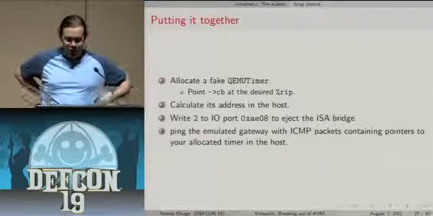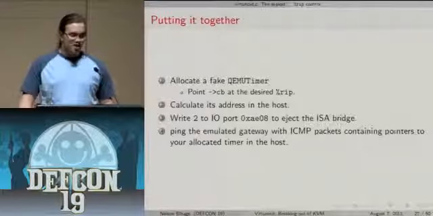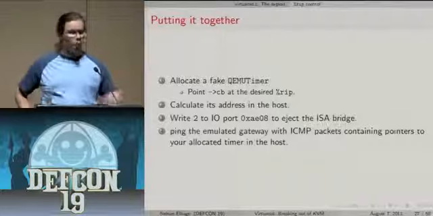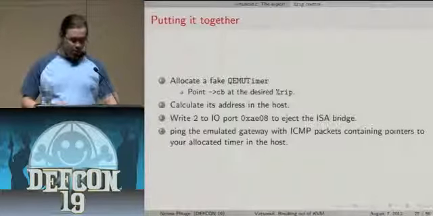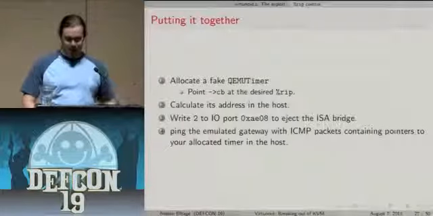And so now, putting the pieces together, we allocate a fake QEMU timer in our address space with a callback method pointed at whatever address we want KVM to jump to. We'll calculate its address in the host using the arithmetic I showed earlier.